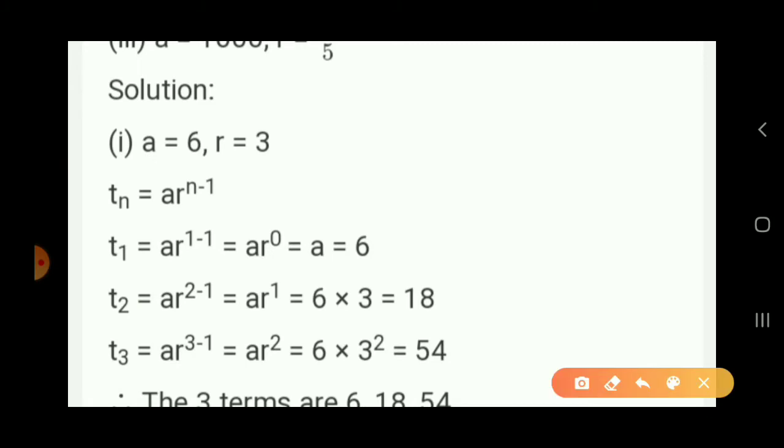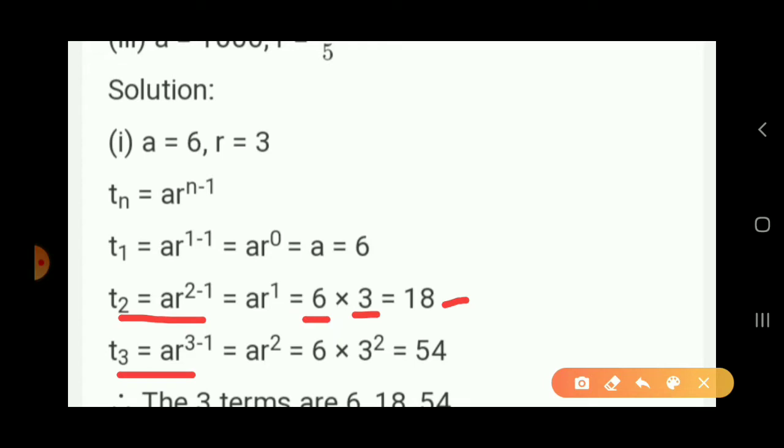Now the second term: A R power 2 minus 1. N is 2, so 2 minus 1, A R power 1. A is 6, R is 3, so that is 18. Third term T3: A into R power 3 minus 1.